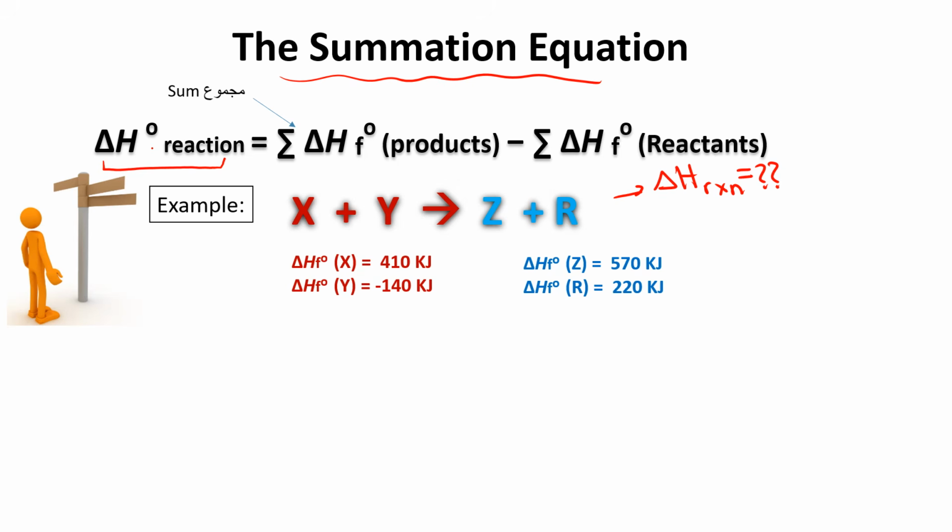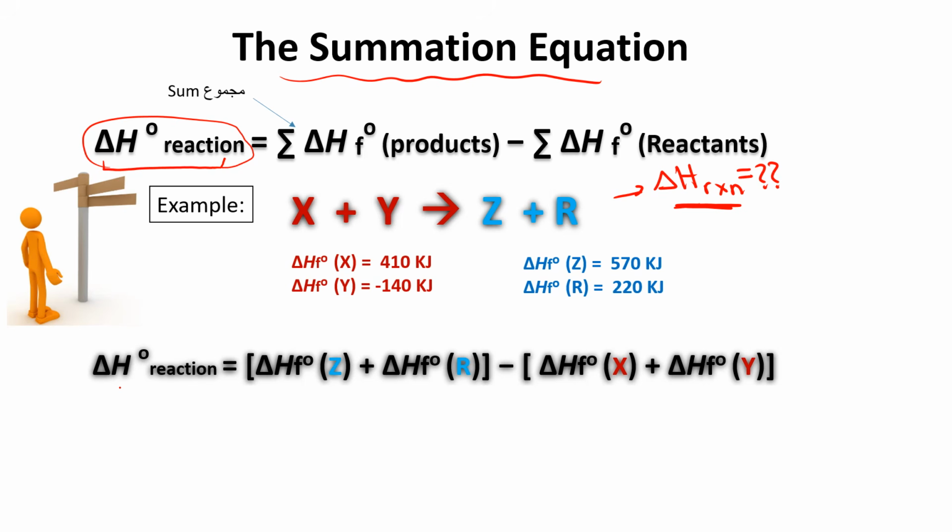Okay? So we are going to use this equation to find this delta H of the reaction. So the delta H of the reaction is going to be equal the sum of the delta HF of products. These are the products, guys, right? So we'll put this one plus this one minus the delta HF of the reactants اللي هم هني.